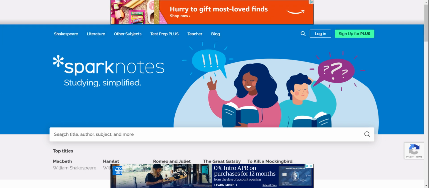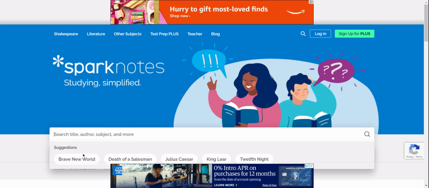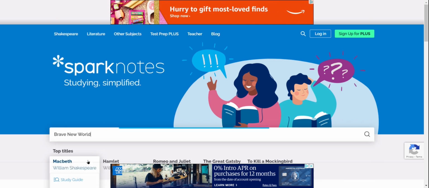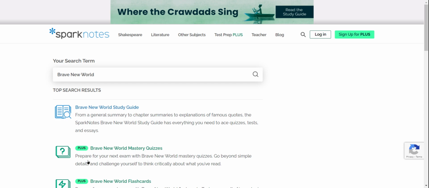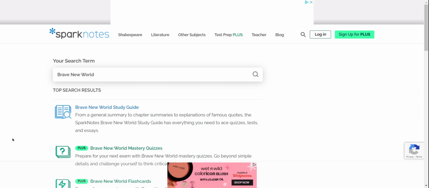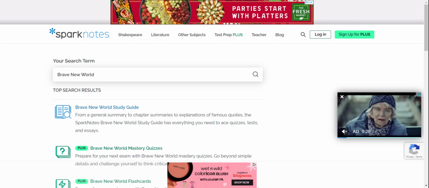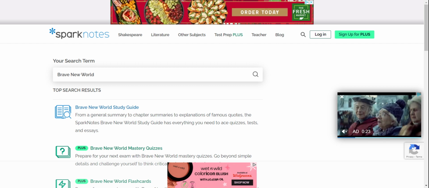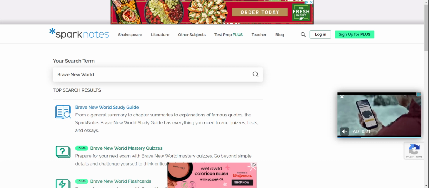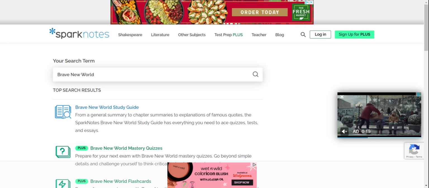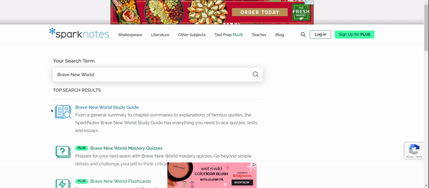For example, I had an assignment a couple years ago where we had to read Brave New World. For those of you who haven't read it, it was written a long time ago, and personally, if I'm not interested in a text, it's very difficult for me to read it. They wrote things a little bit differently, a little more fancy in their writing, and maybe I'm not a very advanced reader.